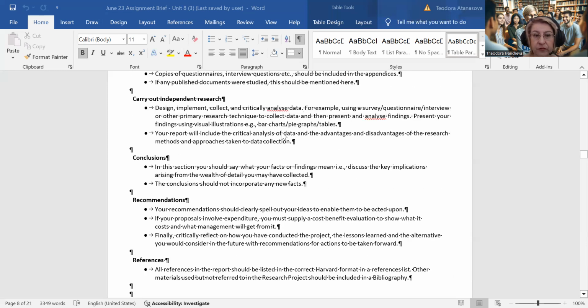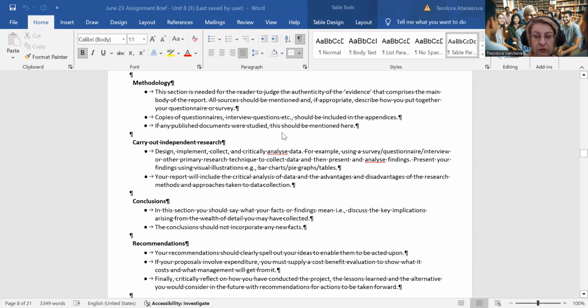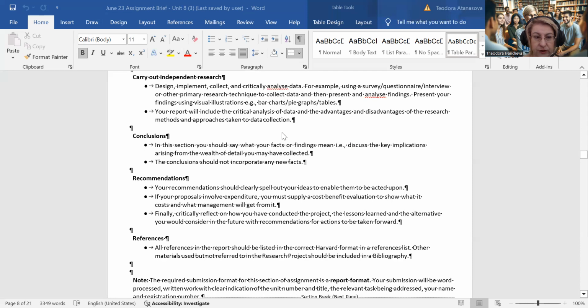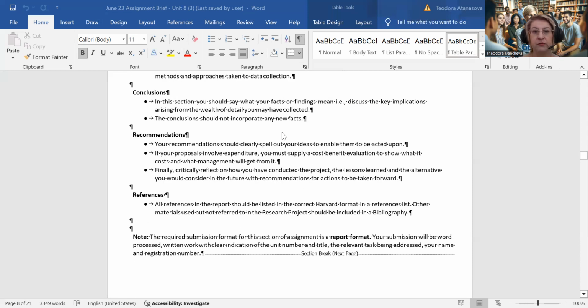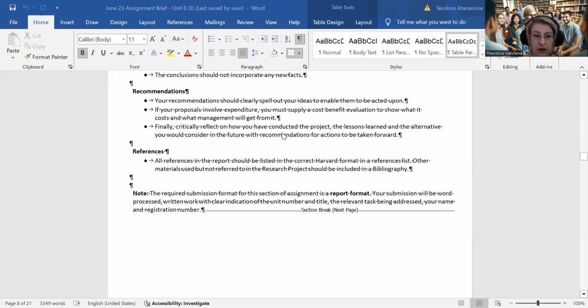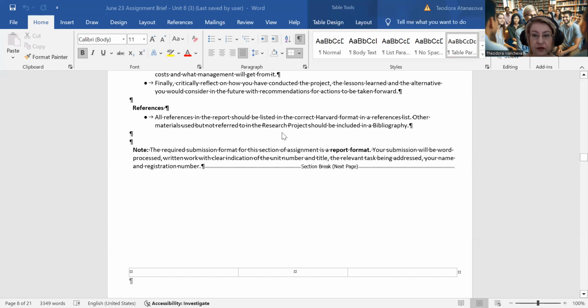Then you need to have a section where you analyze your data and present your results. Of course, we are happy to see what conclusions you can draw based on your evaluating account and what recommendations you can suggest here. Don't forget your references.